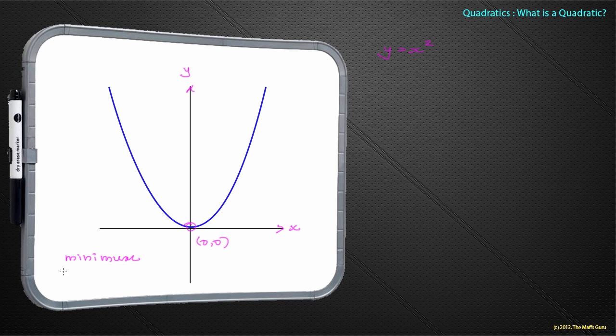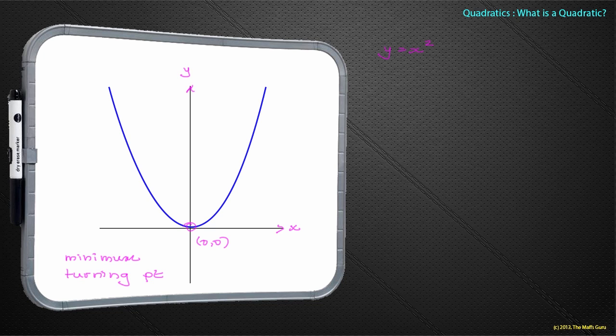It also, later on, has a name as the turning point. Why the turning point? Because it's turning. A lot of this has to do with gradient, which is a much later topic. But we need to know that the bottom of this curve is called the turning point, or the minimum.